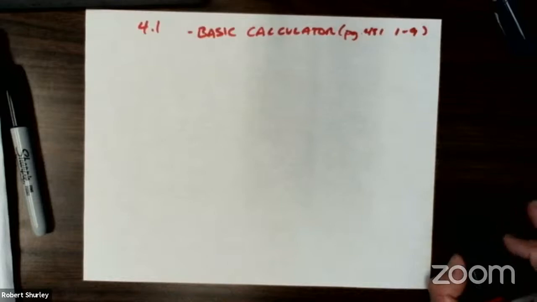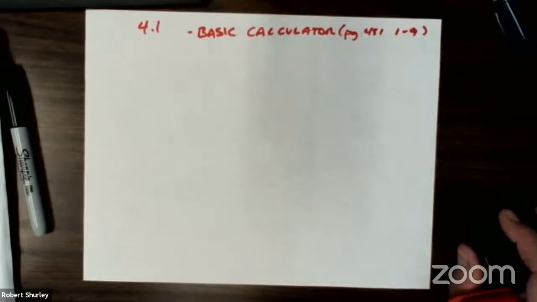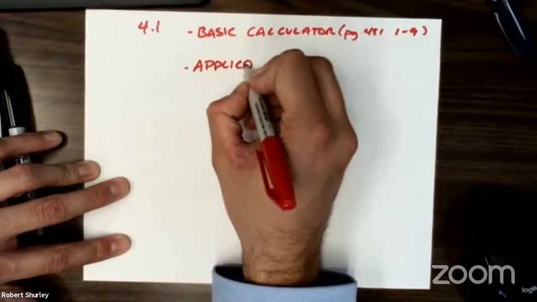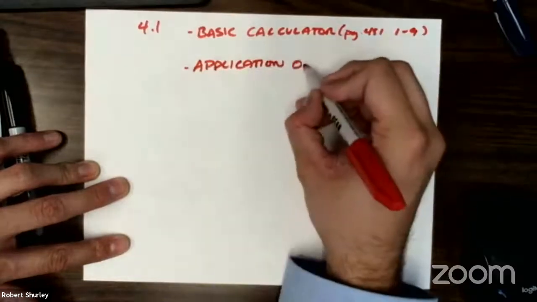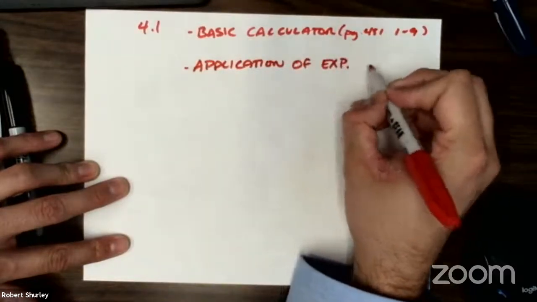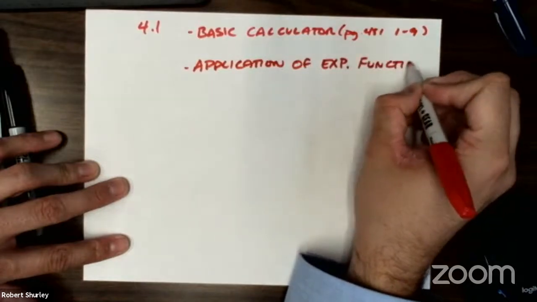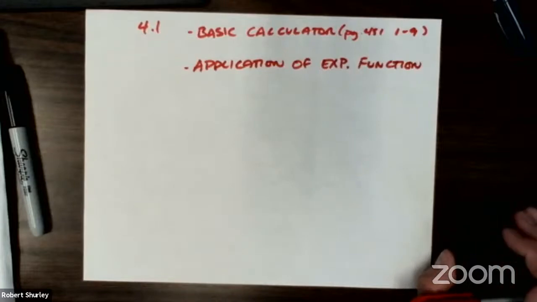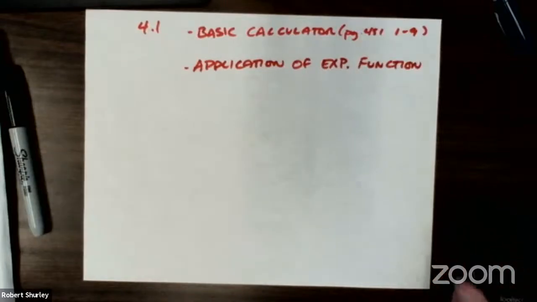And then I go over an example like the gray wolf one we did in class, where it's an application of an exponential function. It's just something to the effect of, hey, we've got this equation that models something.